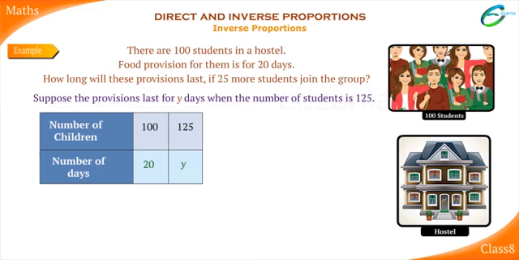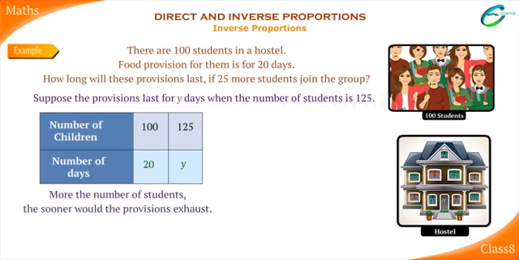Let us tabulate the given data. Note that more the number of students, the sooner would the provisions exhaust. Therefore, this is a case of inverse proportion. So from the table, we can write 100 multiplied by 20 is equal to 125 multiplied by y.